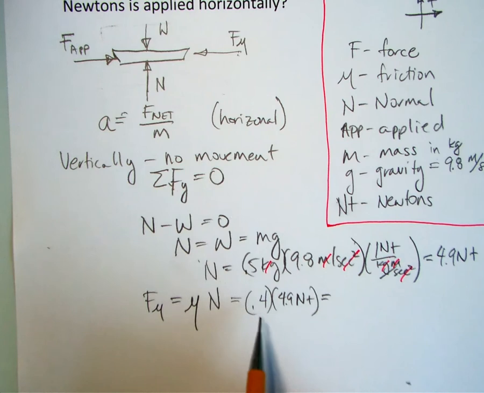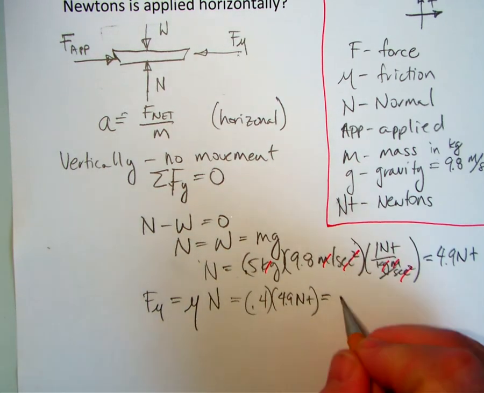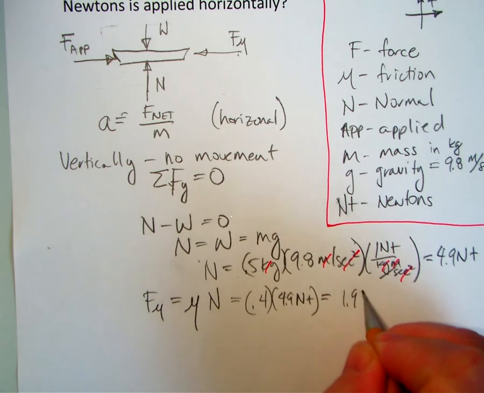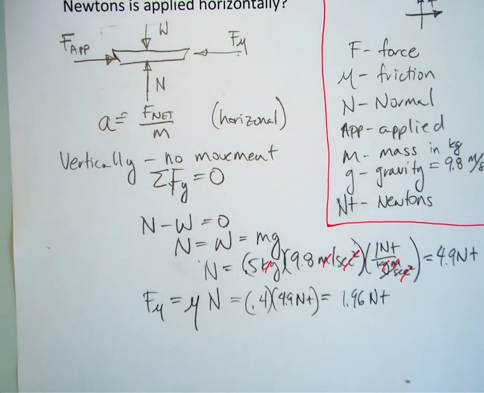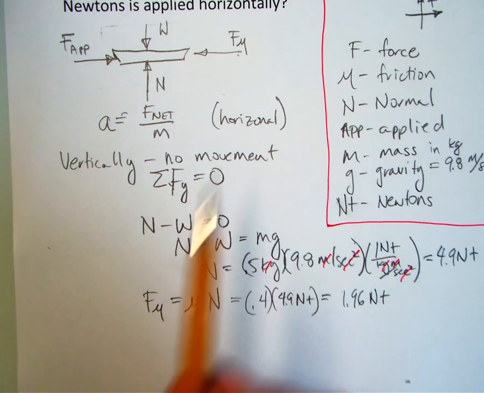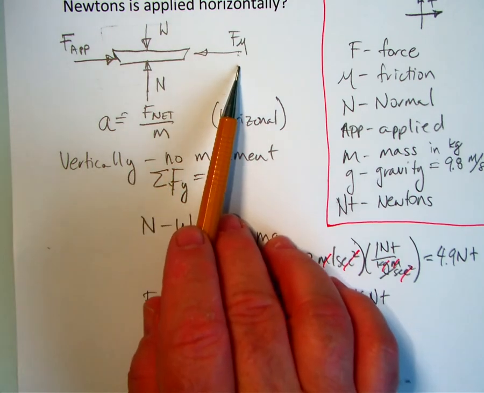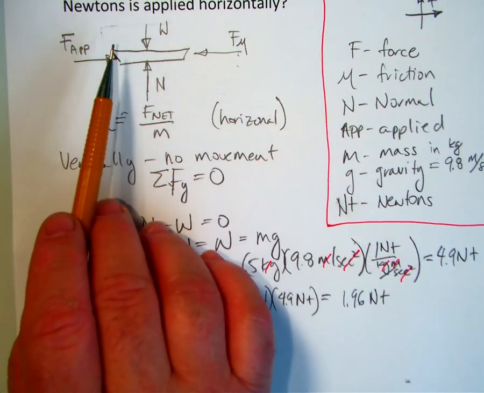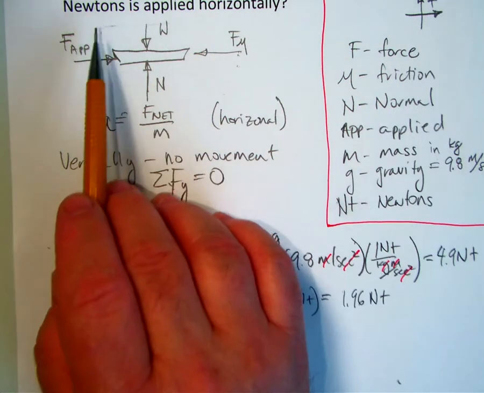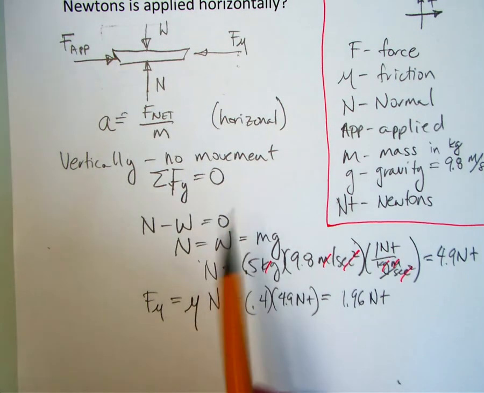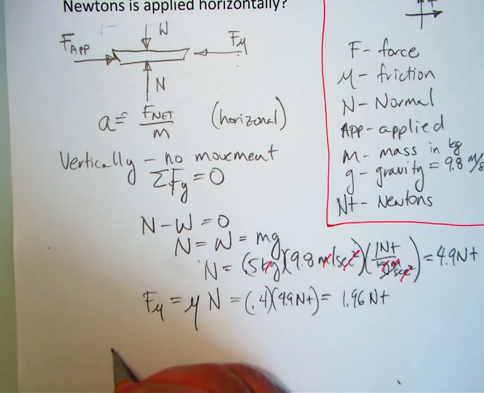Remember, the friction coefficient is unitless, and that's going to give us 1.96 newtons, okay? So now we know the friction force, okay? We know the applied force, okay? 3 newtons, okay? And we can find the net force in the horizontal, okay?